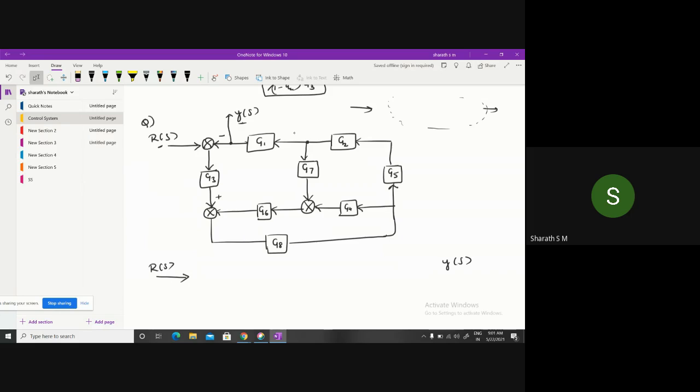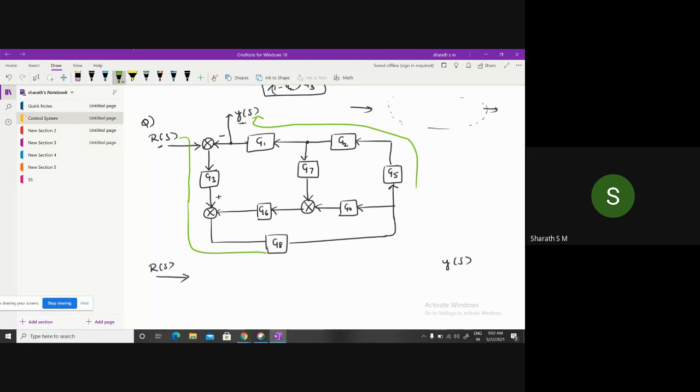So just look at the observation here. We have R of S, so we need to move like this. Look at the direction here. This direction comes across G3, G8, and then G5, and then G1, so that it can exit across Y of S. So we need to write in that manner first.